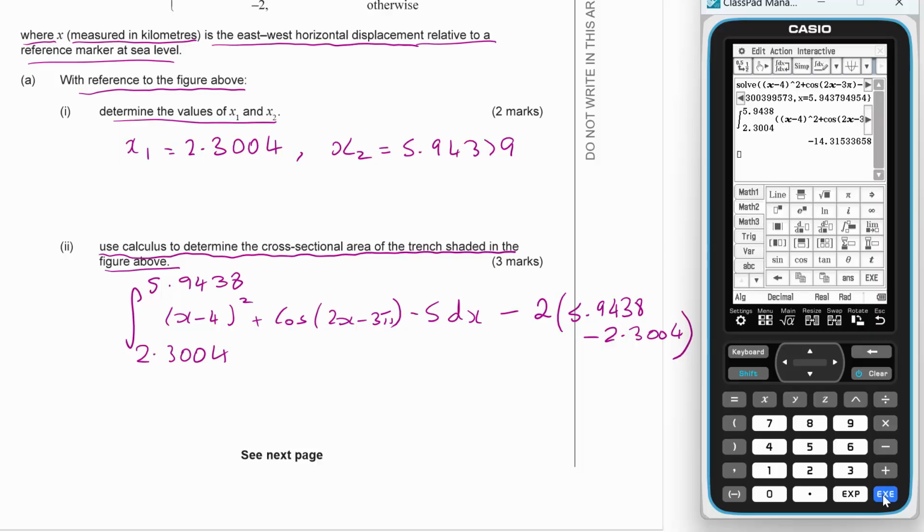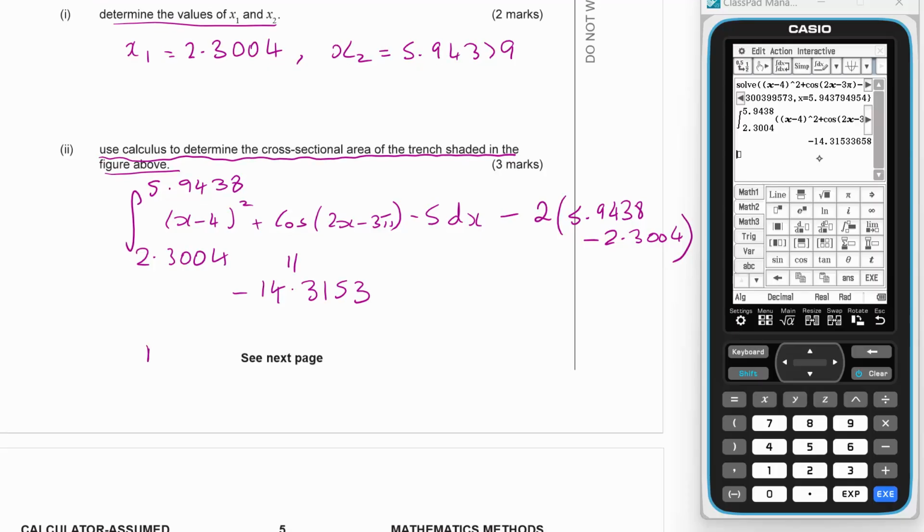So that gives us, now remember the negative, so this part here is equal to negative 14.3153, and that means that the area there, since it was below, maybe what I should have done is put a minus here, and we'll say the area is equal to that.